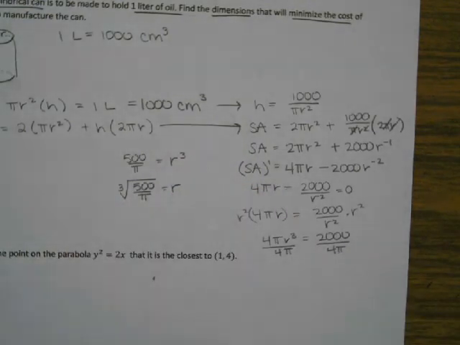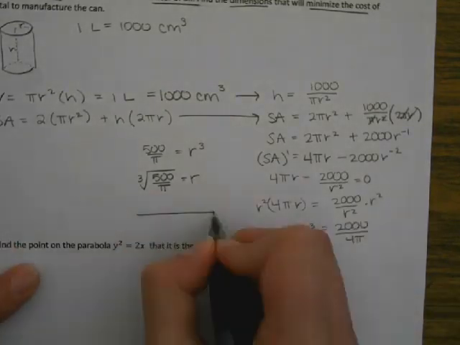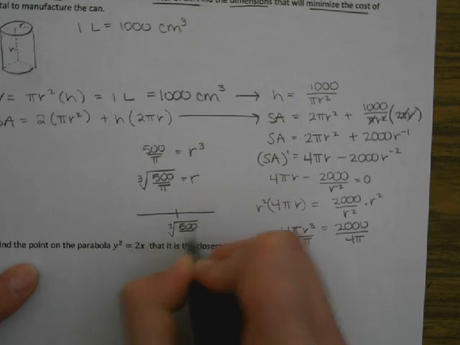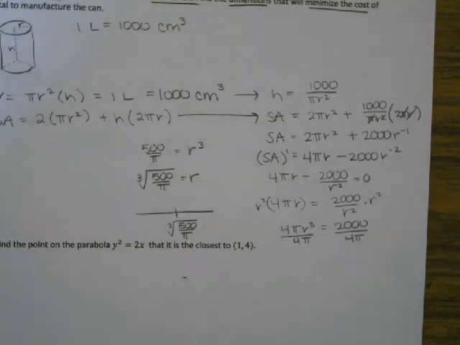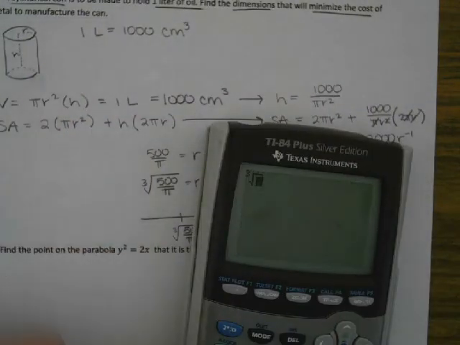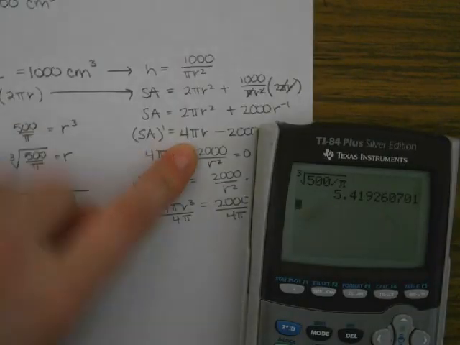So now I'm going to put that on a sign chart. I know that's a nasty number, but I'm going to put it on there just to verify that this really is my minimum value. I didn't do anything wrong. So I'm going to type that in to see what number that actually is, because that's kind of a crazy number. So third root of 500 divided by pi, 5.41. So I'm going to take my derivative and I'm going to type in a number smaller.